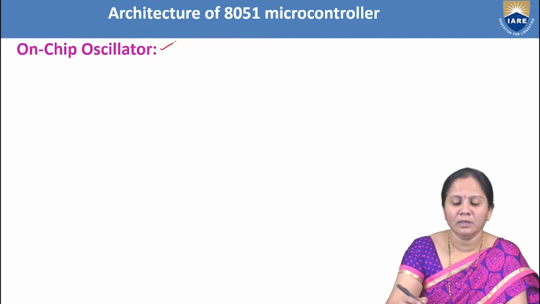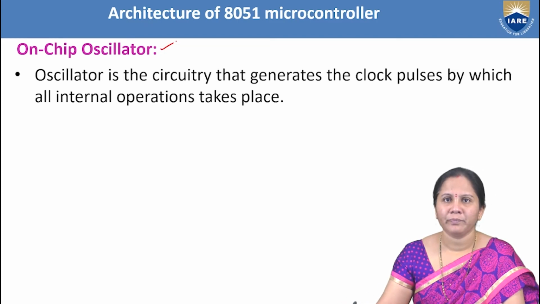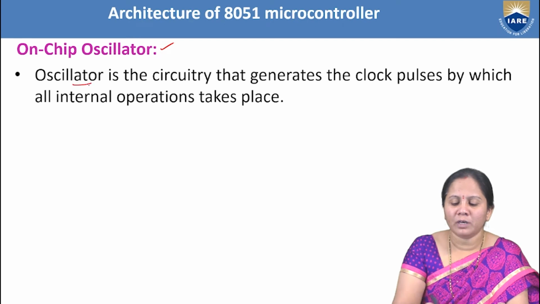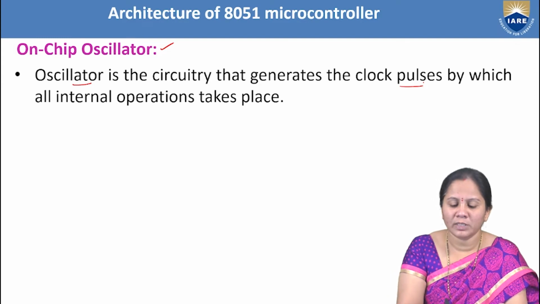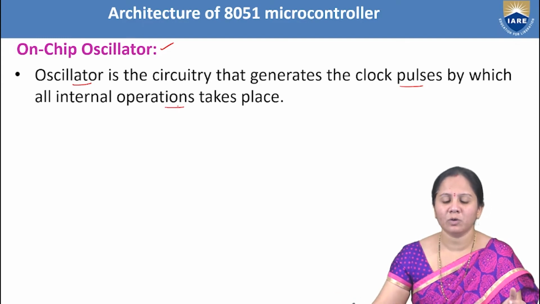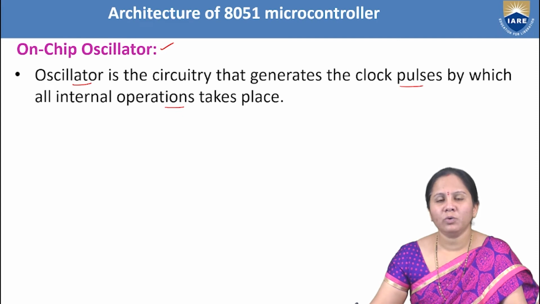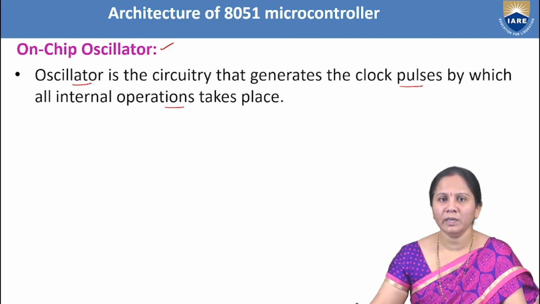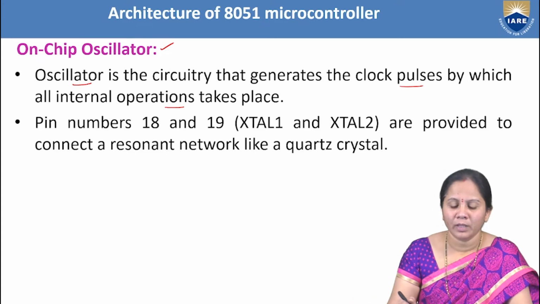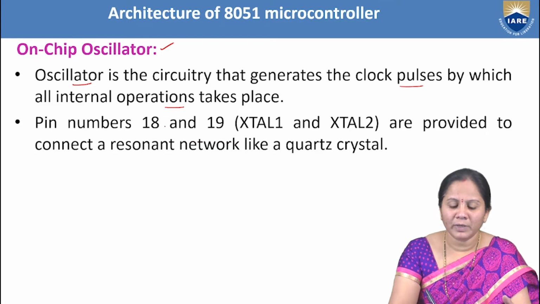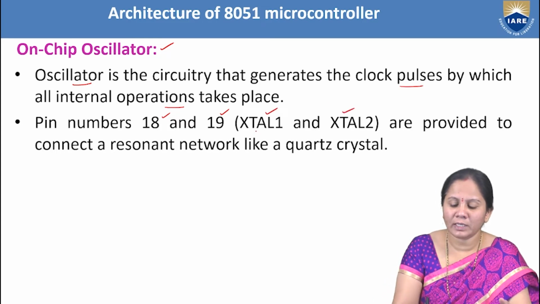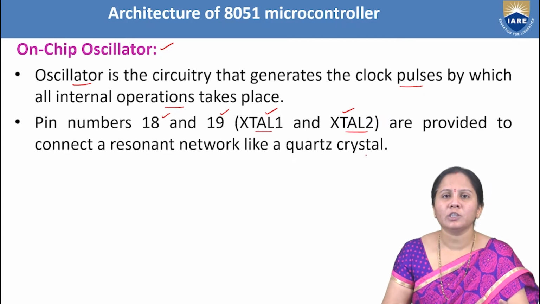First one is the on-chip oscillator. What is the main purpose of the oscillator circuit? It generates the clock pulses by which the internal operation takes place. That means the oscillator produces the clock frequency for the microcontroller. If we recall the pin configuration of the 8051 microcontroller, pin number 18 and pin number 19 are the XTAL1 and XTAL2 signals, which stand for crystal oscillator.